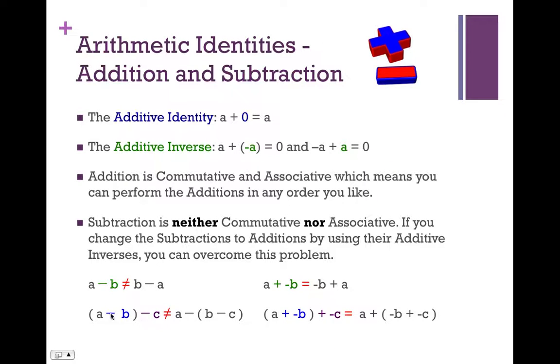A string of subtractions like A minus B, if we do that first and then minus C from that, does not equal the same association if we do B minus C first and subtract that from A. We will not get the same answer. But if we change negative B into its additive inverse and change subtraction of C into its additive inverse, then the associative law will work.